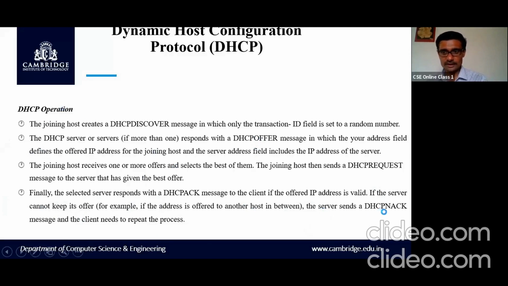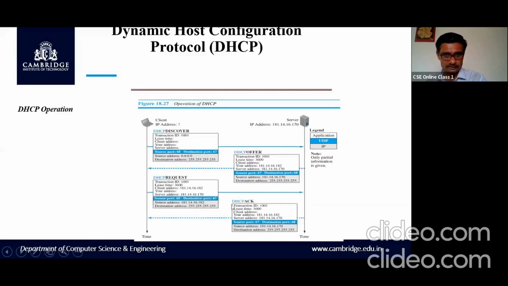So in such a case, the server will send DHCP NAK, DHCP no acknowledgement message to the client. In the normal case, the DHCP ACK message goes here. If DHCP NAK, then the meaning is that the server cannot offer that IP address to the host.